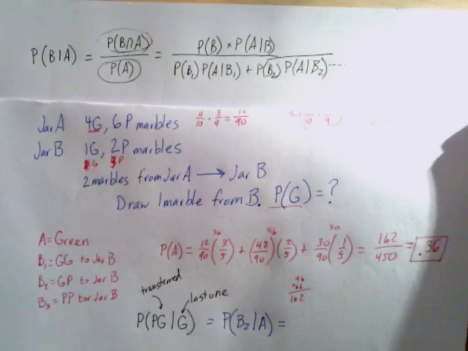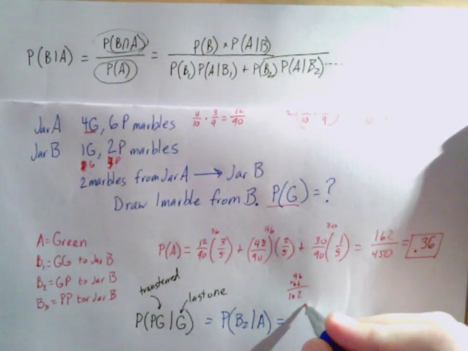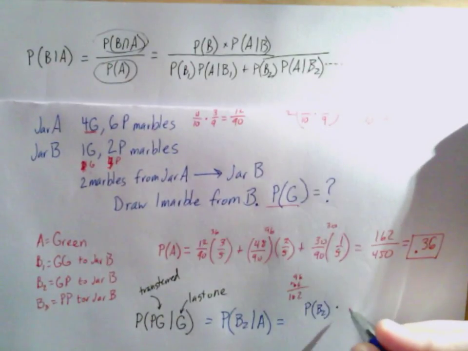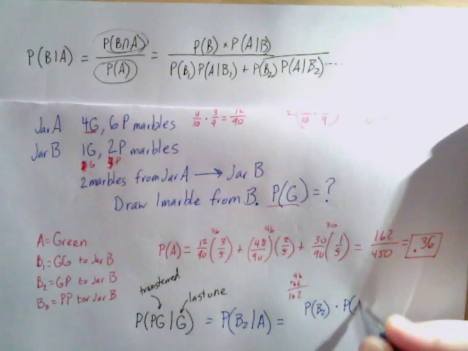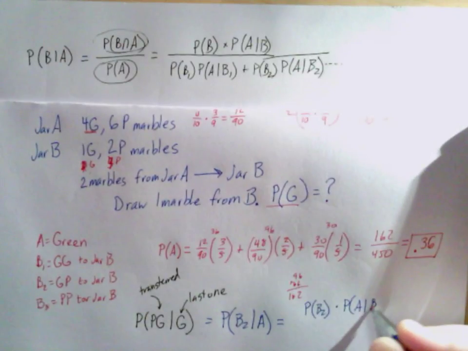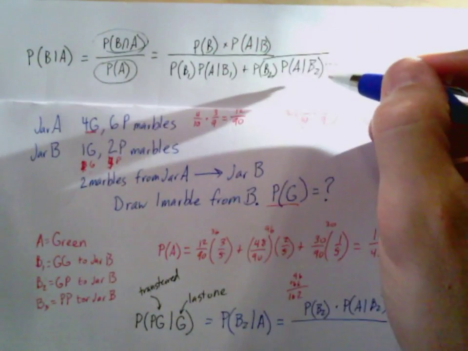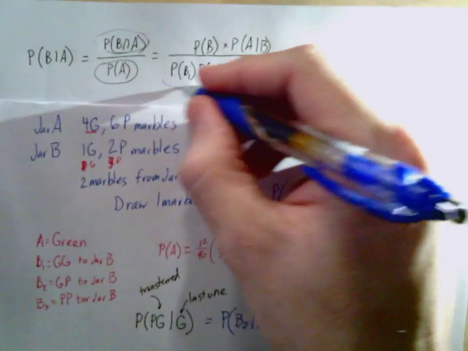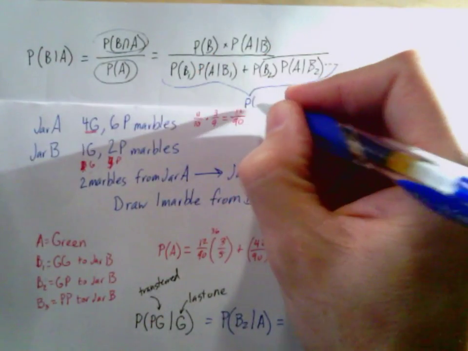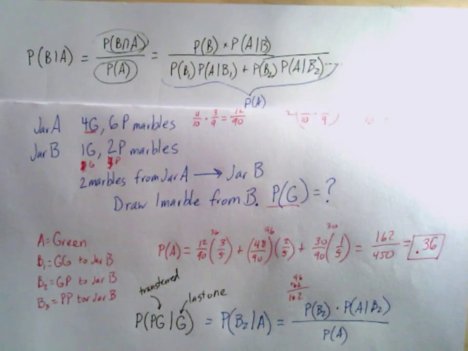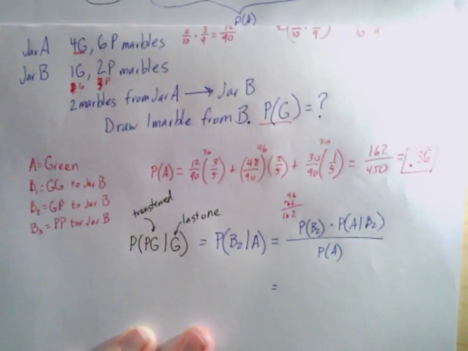Okay, so we're going to use Bayes' theorem. So that's going to be the probability of B2 times the probability of A given B2 over all of that stuff. But remember, all of that stuff there on the bottom was just the total probability of A, right? Which is what we found when we did this question earlier. And so simply now all we have to do, I'll move that up out of the way, we don't need it anymore.